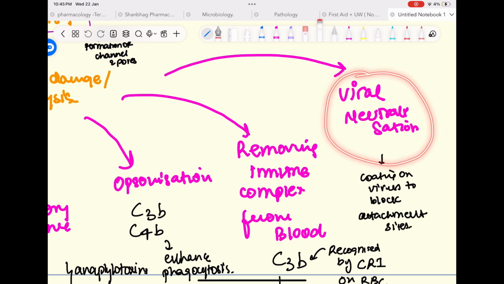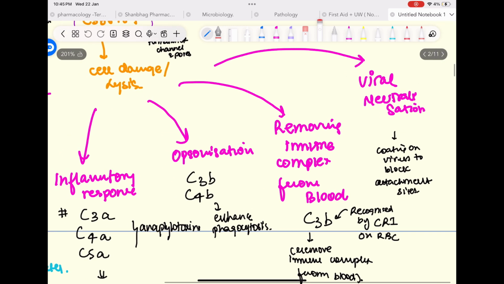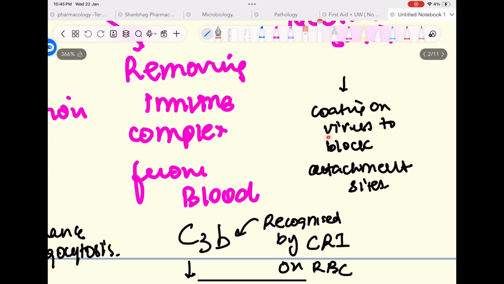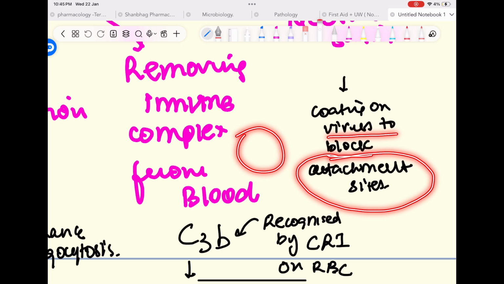Now, this is very easy to understand: for any virus or a bacteria or anything to create any action, it has to bind to the receptors. Now, the attachment sites have to be exposed so that it can bind to the cells and invade. But what the membrane attack complex does is that it blocks the attachment site.